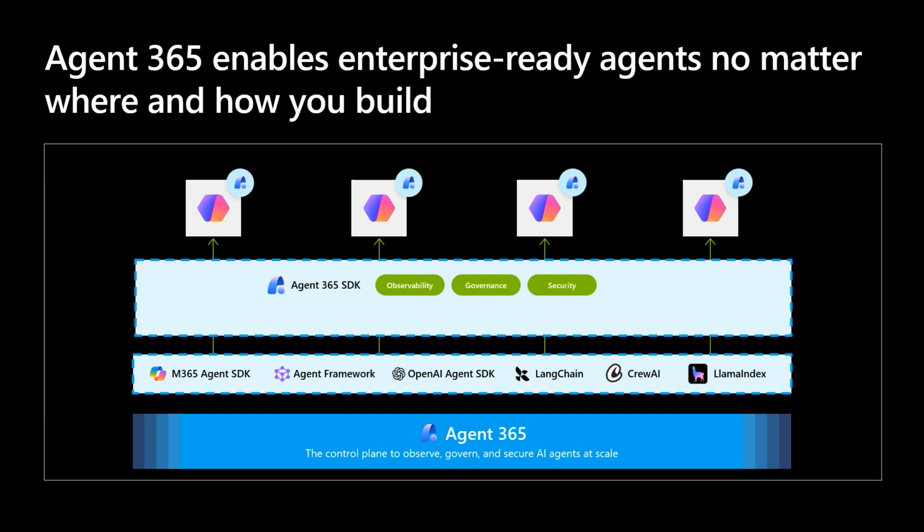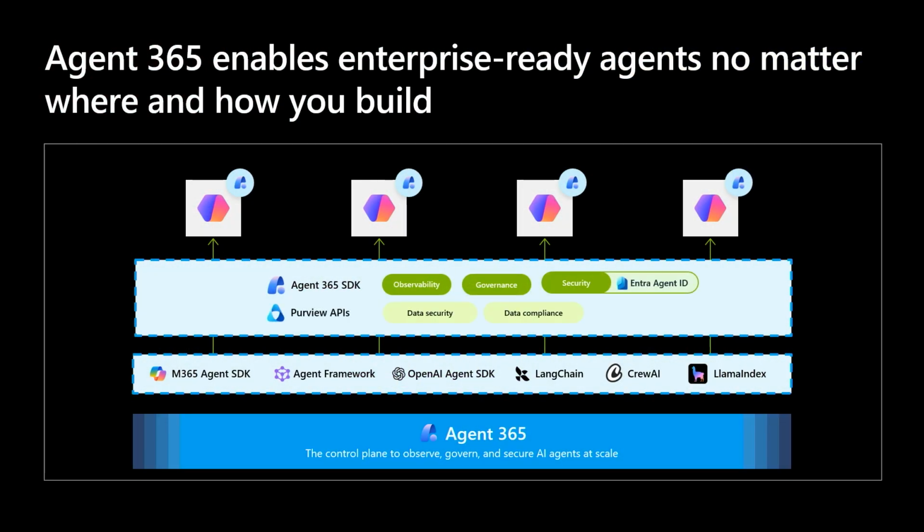So your agent gets a real verifiable identity, and the admins get to manage it with the same Entra controls they are already using for users. The shortest way to put it is, bring whatever framework or model you want. Agent 365 SDK gives you observability, governance, and security as incremental capabilities, not a rewrite.